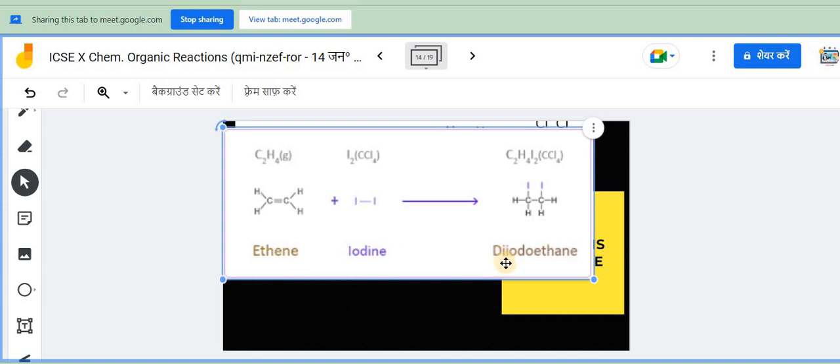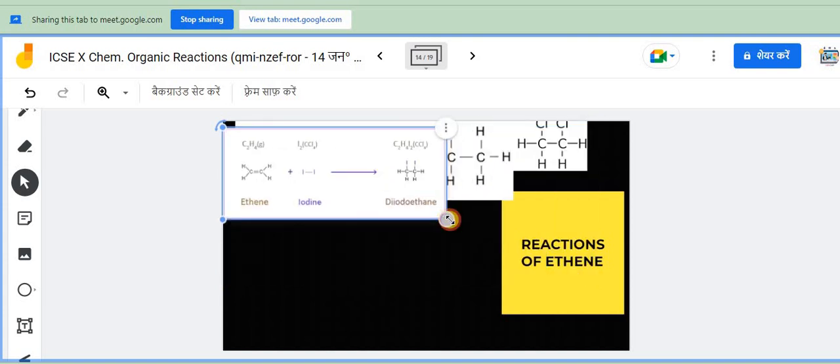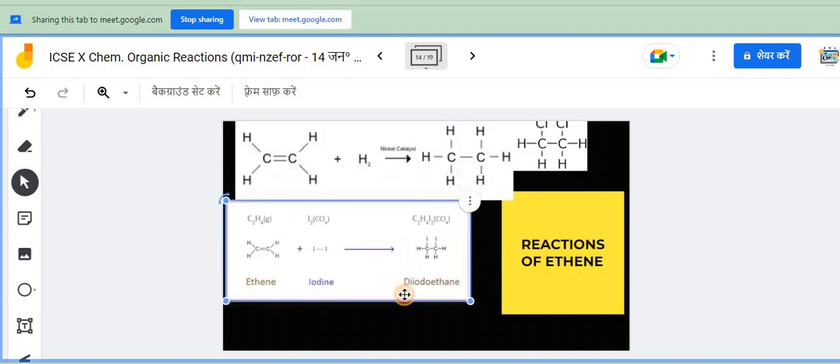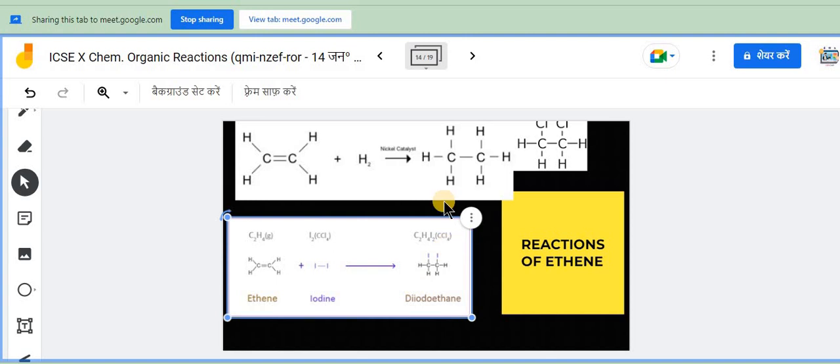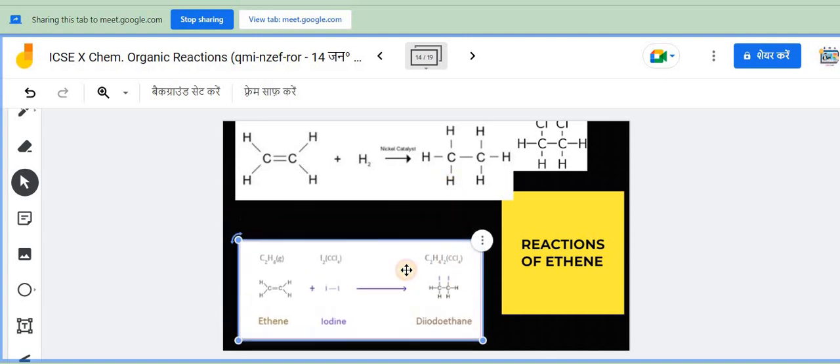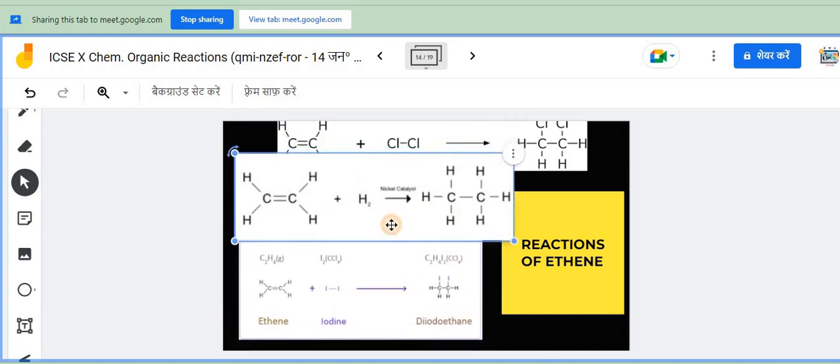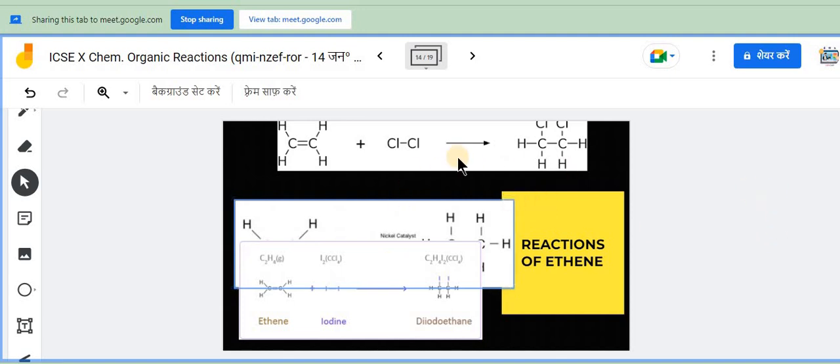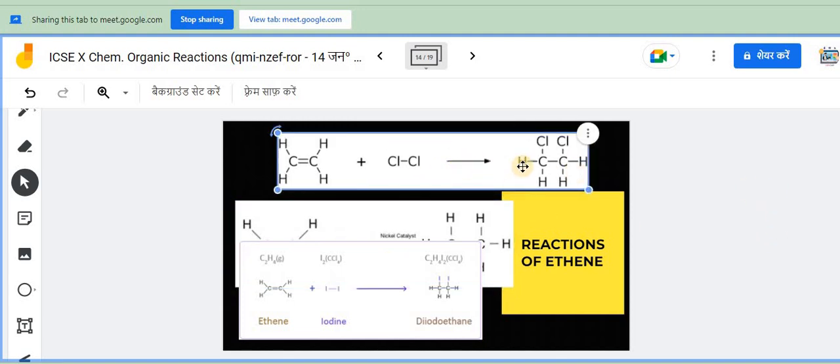We should write 1,2-diiodoethane. This is the way we should write the name when you talk of IUPAC nomenclature. Is it okay? Fine. Everyone is clear about these reactions? Chlorination, bromination. Bromination is also the same. Instead of chlorine, it would be bromine. And what is the color of bromine basically?